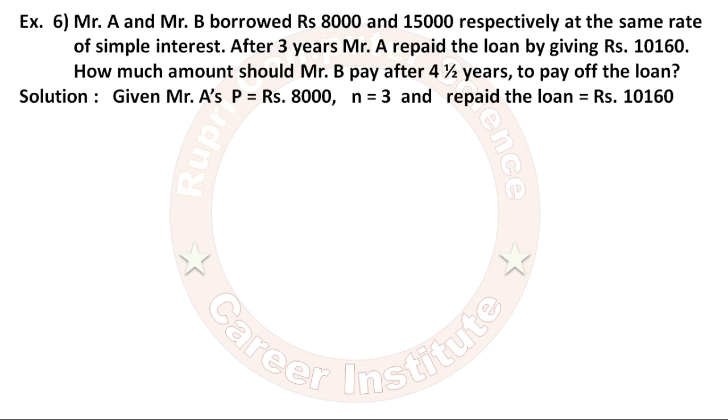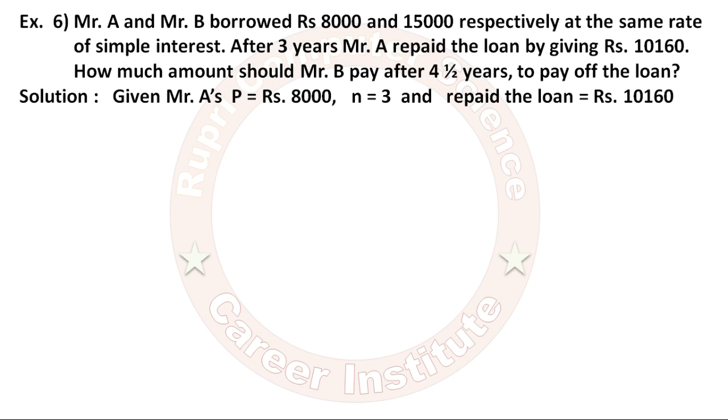See, Mr. A repaid the loan 10,160, that is, he paid off the loan with simple interest. Therefore, we have to find the simple interest, that is, we have to subtract P from the repaid loan.